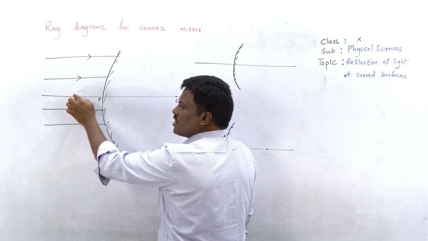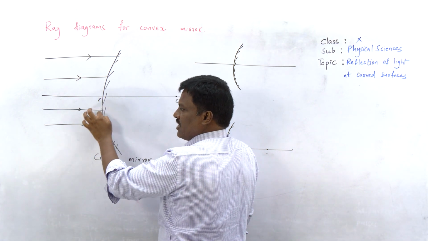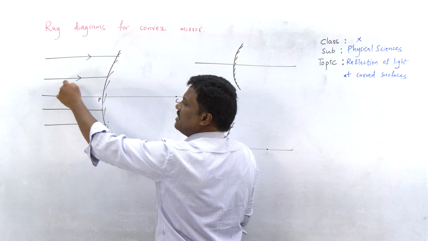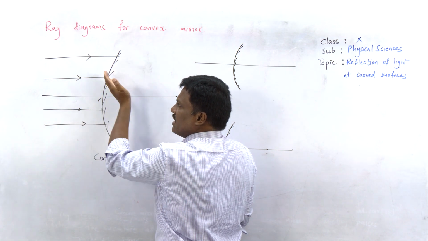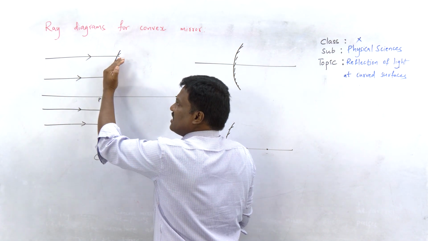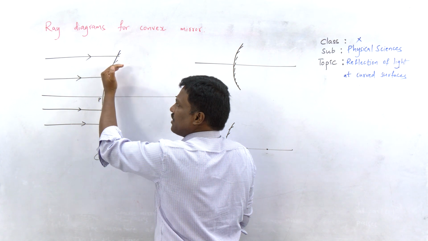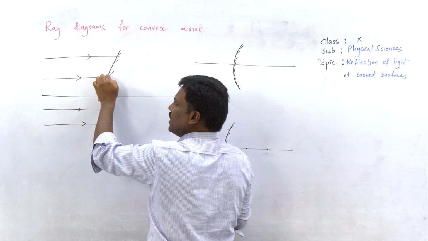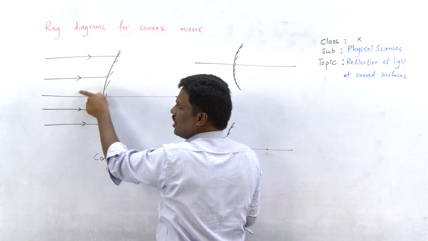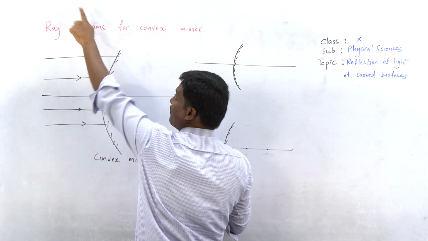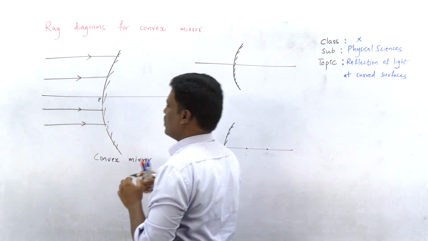It never goes towards the principal axis. This ray also goes this way. Since the outward surface is the reflecting surface, after reflection it moves away from the principal axis, not towards the principal axis.